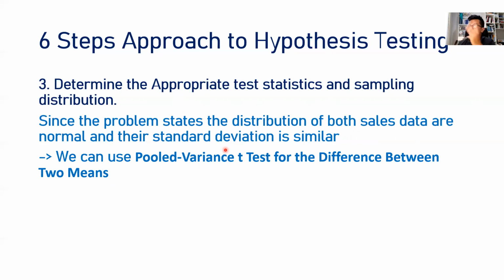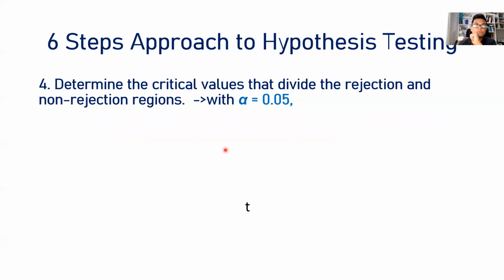Okay, going to the fourth step, which is to determine the critical values that define the rejection and non-rejection regions. So with alpha, or significance level, of 0.05, but remember 0.05 or 5%, the hypothesis statement is similarity. So mu1 equals mu2. That means that on the normal bell curve, we want to see the middle point.